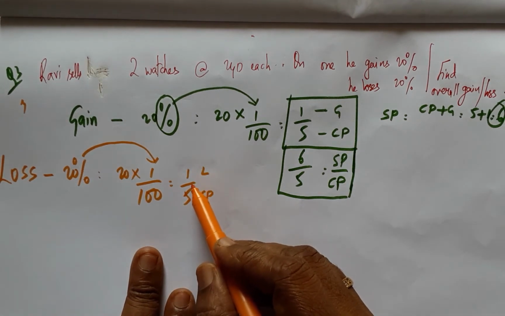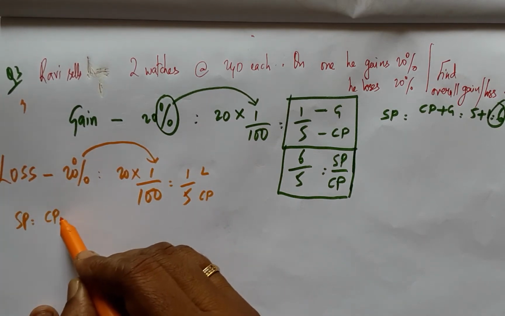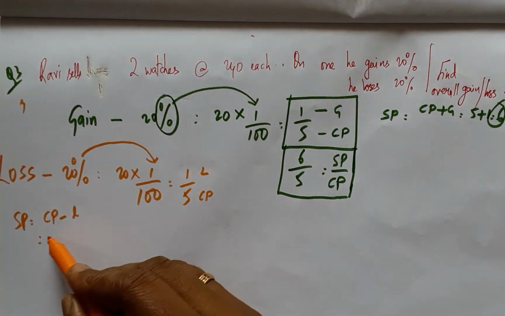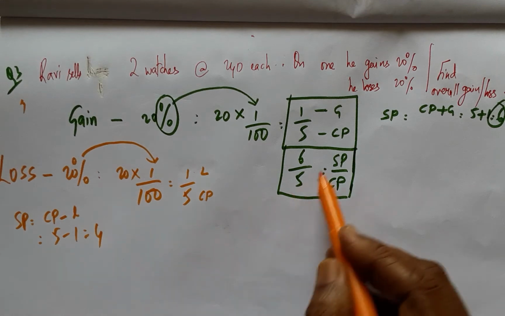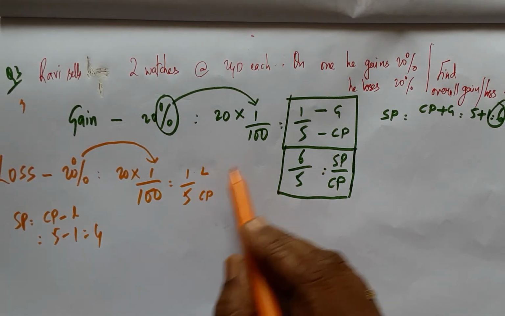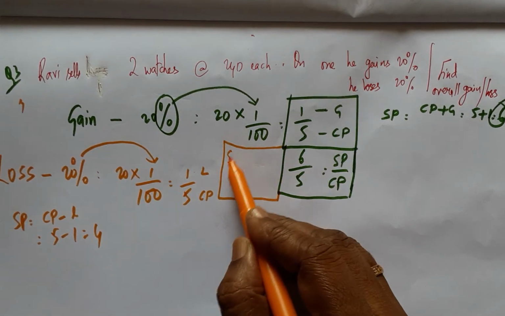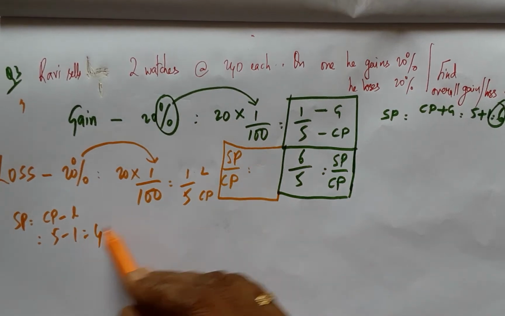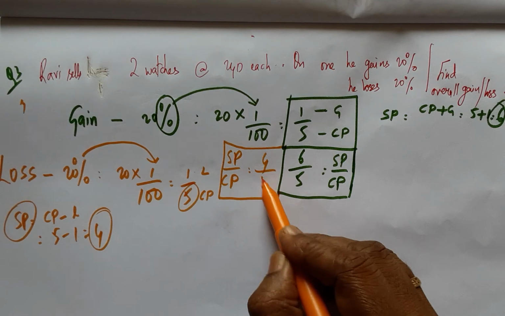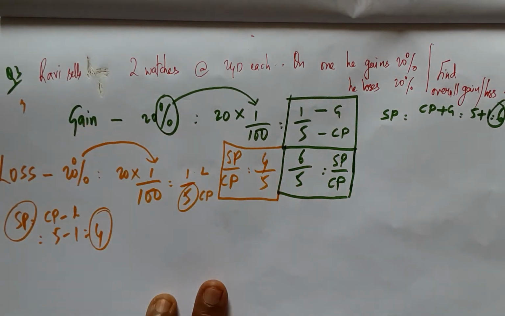When there is loss, SP will be CP minus loss, and therefore it is 5 minus 1 comes to 4, and the SP by CP equation will come to 4 is the SP and 5 is the CP. This is the fraction for loss, this is the fraction for gain.